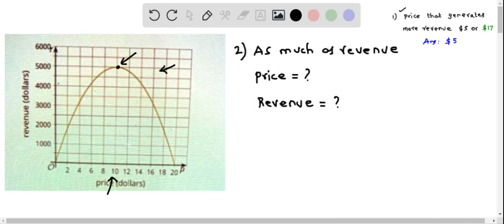The maximum point reached by the graph corresponds to $5,000. So at a price of $10, the maximum revenue generated is $5,000. We say that the company should sell at the price of $10, and the corresponding maximum revenue is $5,000. And this answers this question.